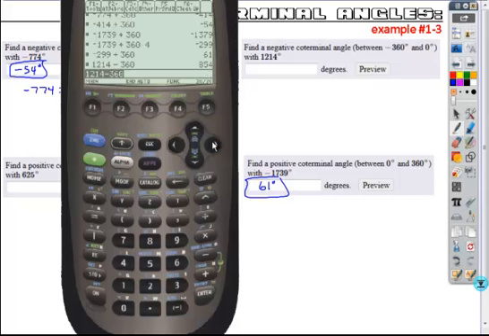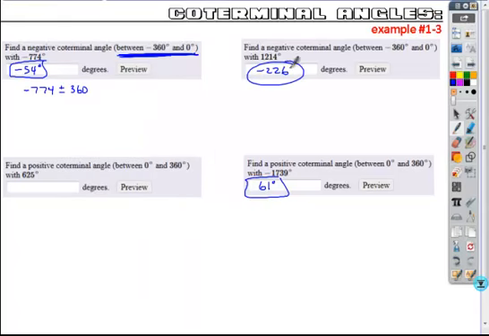If I multiply, there's at least 3 of them. That gives me 134. Does 134 fit within this range? No, so I need one more, minus another 360. That gives me negative 226. Does that fit within this range? Yeah, so negative 226 is my solution.